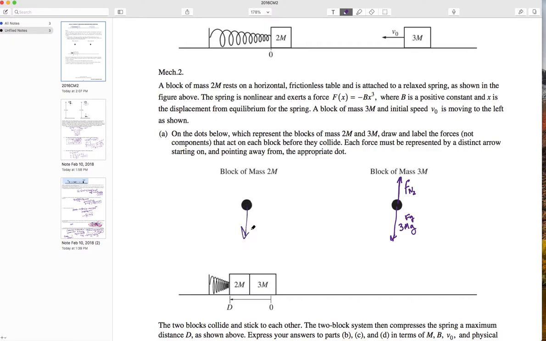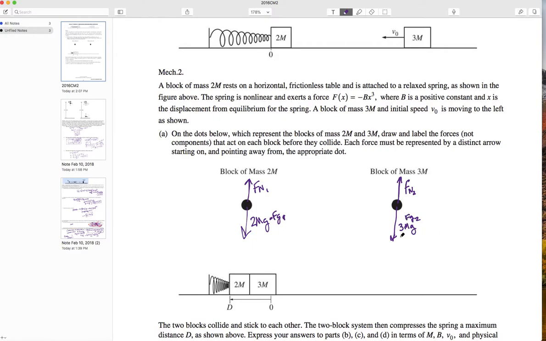Then here, I have a force down of 2mg, Fg1, and maybe this is Fg2. And going up, I have Fn of the first object. So these are some values that I want to keep track of in the future.